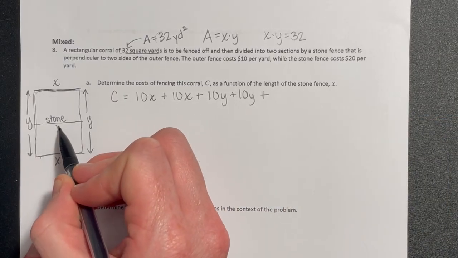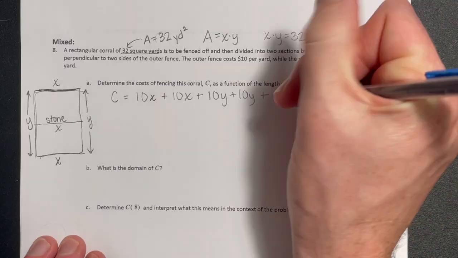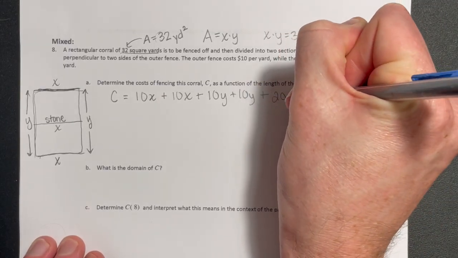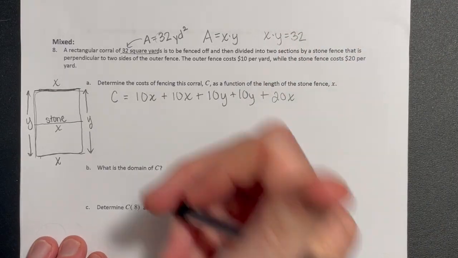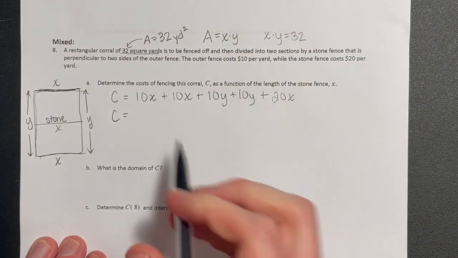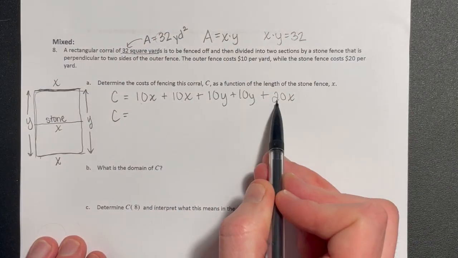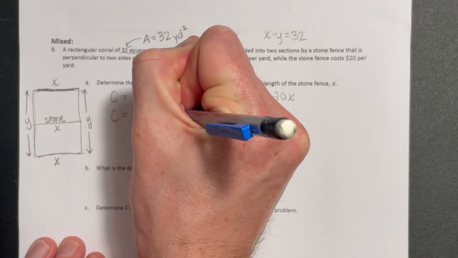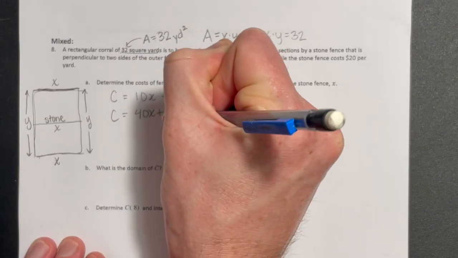Now that stone fence is also a distance of x, so I'm going to add 20x here. This currently gives me a cost that would be 10 plus 10 plus 20, so 40x plus 20y.